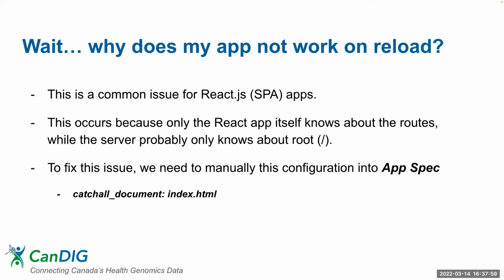The issue is that when we have a non-root route and you do a hard refresh, it typically fails because the static file server doesn't know about your routes. Only your React app is aware of the routes, and so to fix this issue, we need to add this configuration.